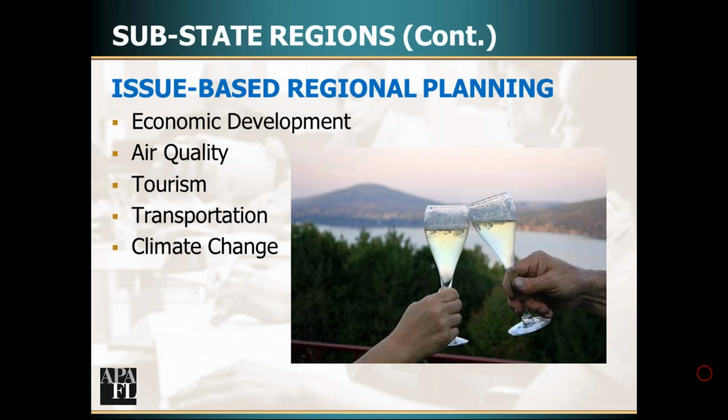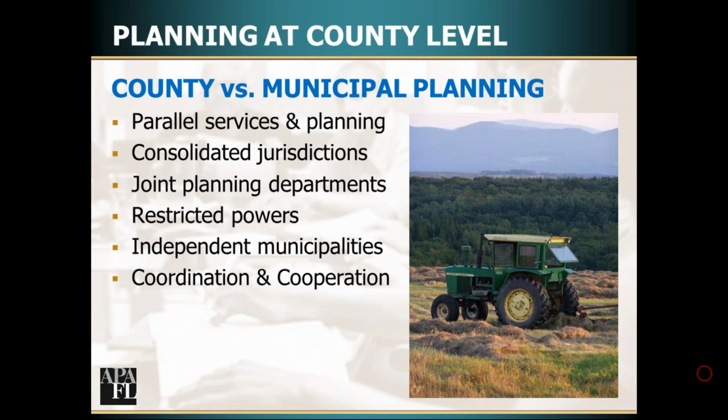You can do it for economic development, air quality, tourism, transportation, climate change. My old area that I used to live in, the Finger Lakes, has now become a wine growing area. And they have a regional planning agency that tries to deal with all of the coordination of their wine tourism and things like that.